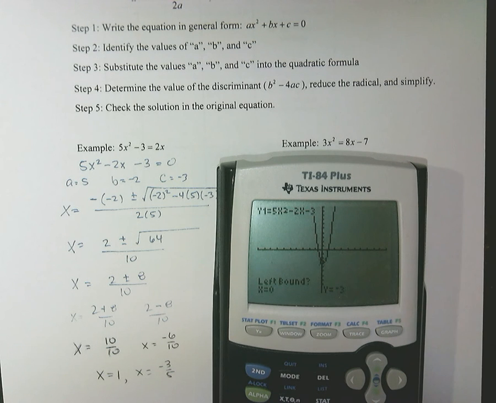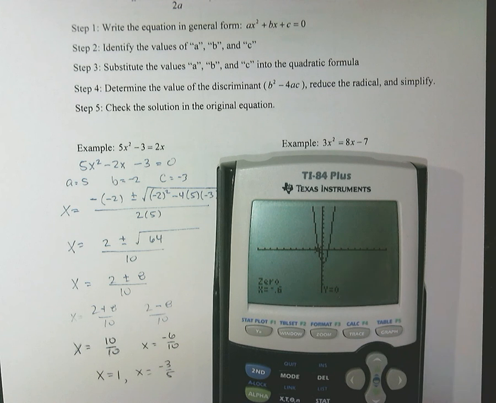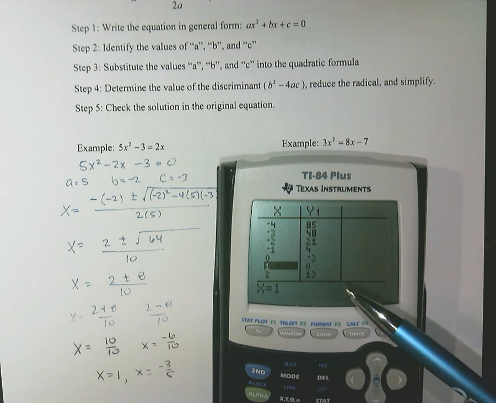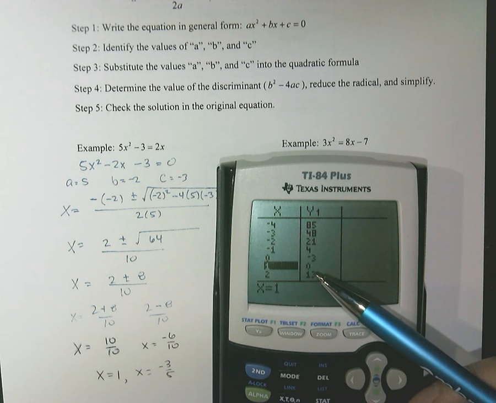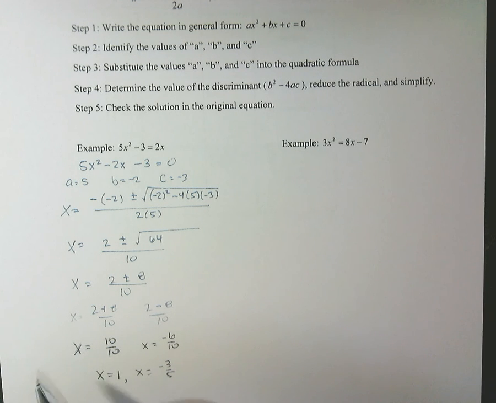It's between negative 1 on the left and 0 on the right. Negative 0.6, that's negative 3/5. This one here looks like it's at 1, and I could check it the way I just checked it, but another way is to go to my table of values, and right there, x is equal to 1, y equals 0. That's exactly what I want. So I know those two answers are correct.